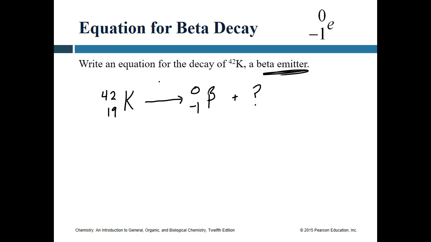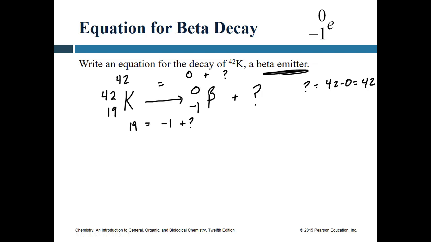And again, we have to look at our ideas of conservation here. So 42 is the mass number. I get nothing from the beta, which means that the unknown is 42 minus 0, or 42. That's the mass number of our unknown. And on the flip side, I've got 19 equal to -1 plus my mystery particle's atomic number. Here's where the math can get a little bit tricky.